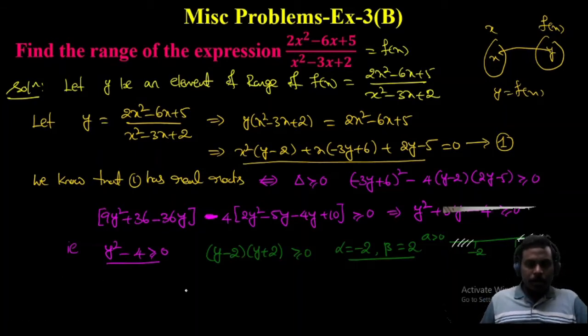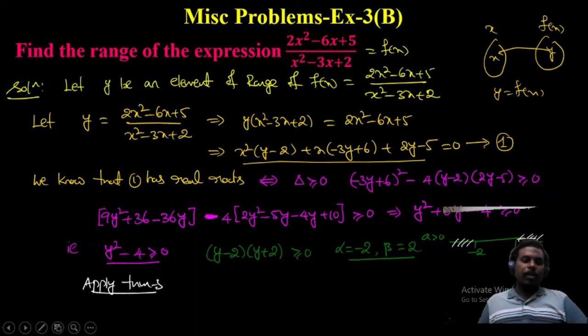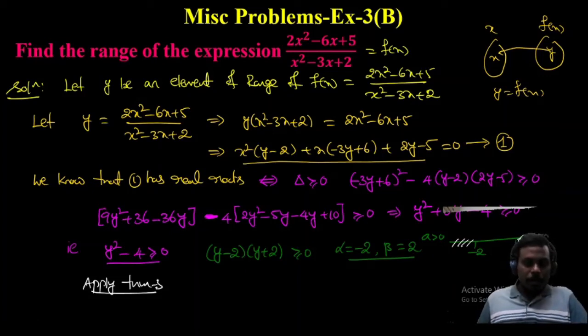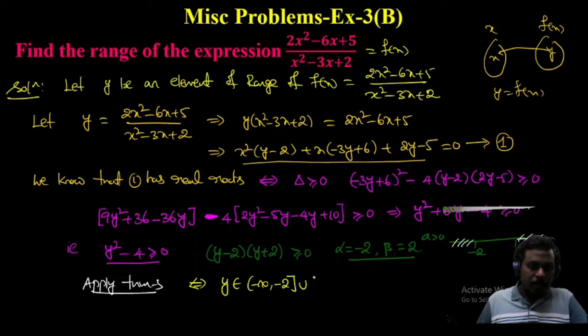So the conclusion is we have to apply theorem 3, as it has real roots. Now the conclusion is (y minus 2) into (y plus 2) is greater than or equal to 0 if and only if y belongs to the interval minus infinity to minus 2 union 2 to infinity.